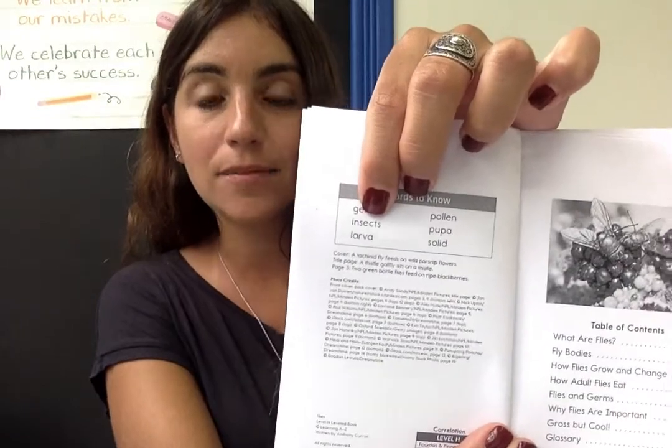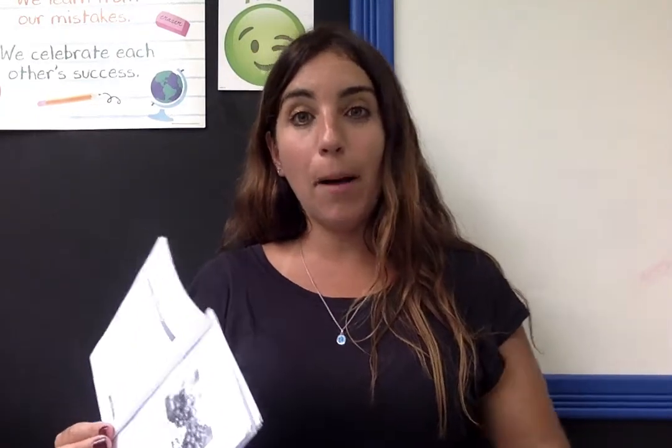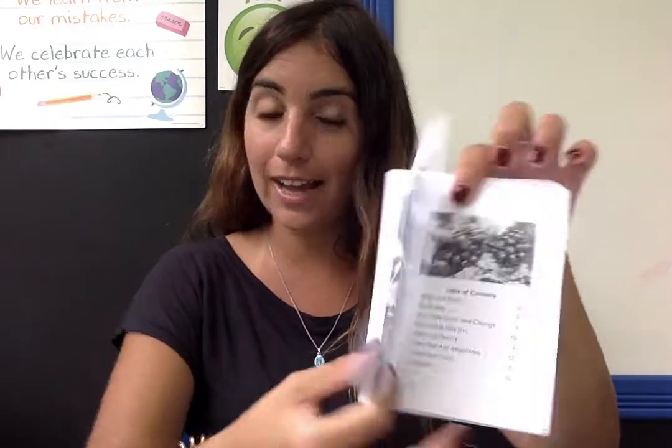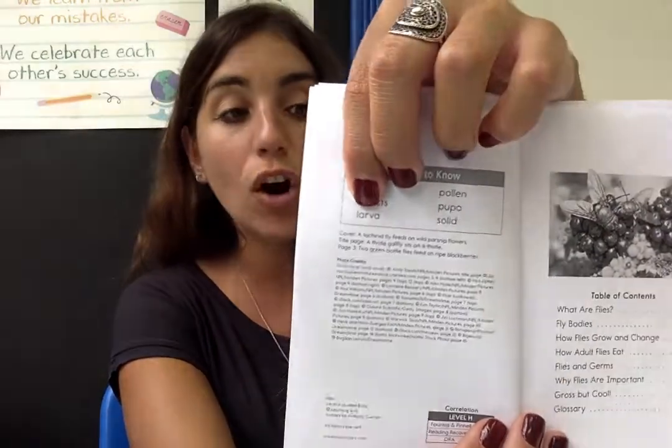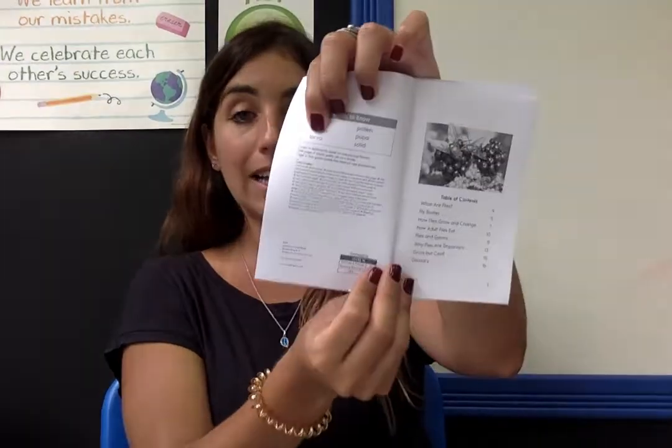The second word, insects. So we know what insects are, okay? An example of an insect would be a bee, okay, or a fly, all right? The next word is larva, okay? So we're going to learn about what larva is.